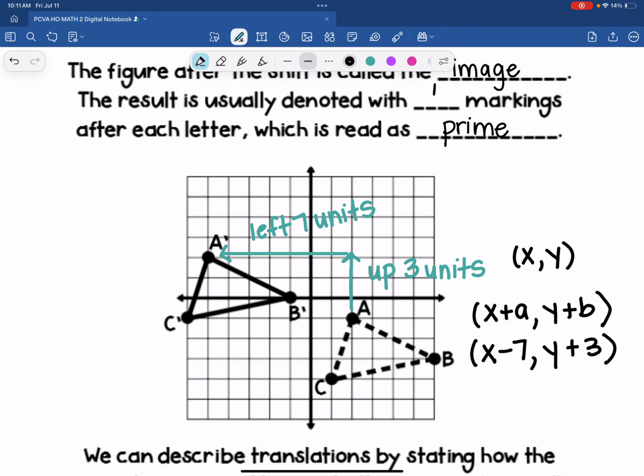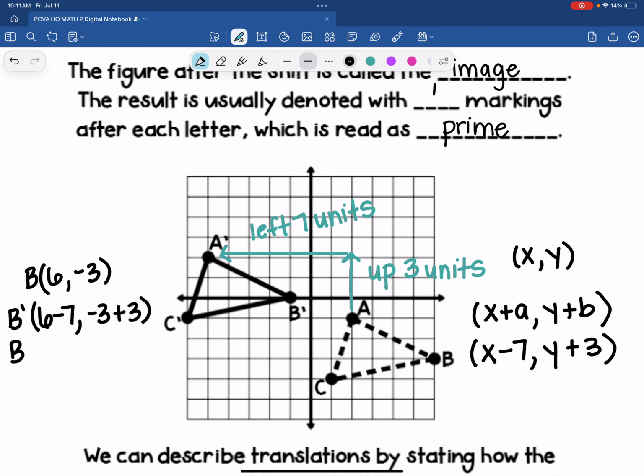We could say, okay, B, all right, I'm going to come over here. So B, the actual coordinate was 2, 3, 4, 5, 1, 2, 3, 4, 5, 6. So that point is 6 and negative 3. So we could find B prime if we wanted to by saying 6 minus 7 with our rule, and then y plus, it would be negative 3 plus 3.